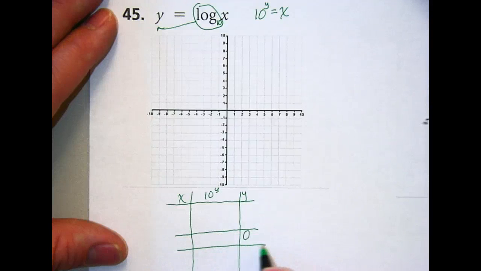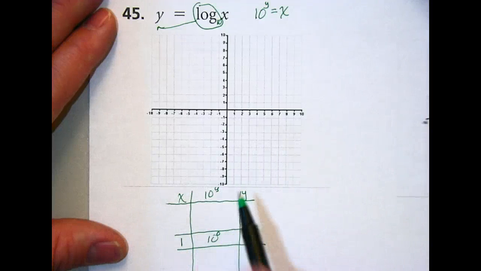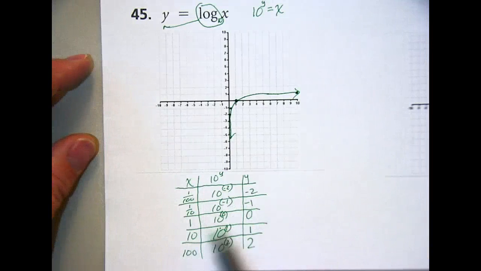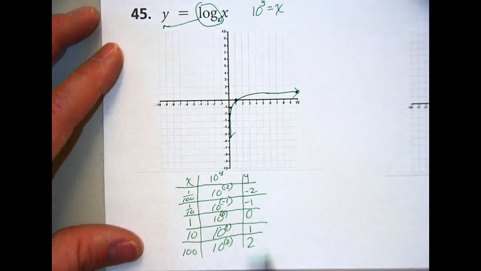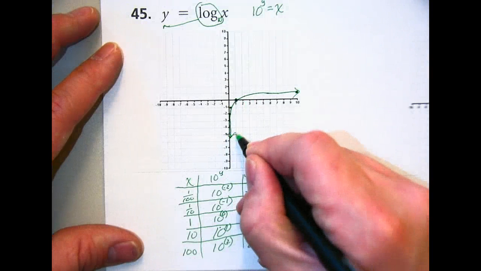So I put 0 in, I get 10 to the 0 equals 1. Now remember, a log is an inverse of an exponential. That's why that seems different, right? X and y are switched around. Good, so if you finish your table and plot all your points, notice the 100 doesn't fit. But when you finish your table and plot all those points, you get infinitely close to that x-axis. You never actually touch it.